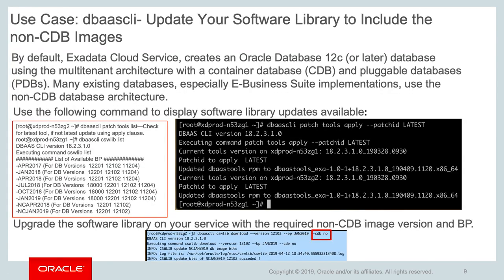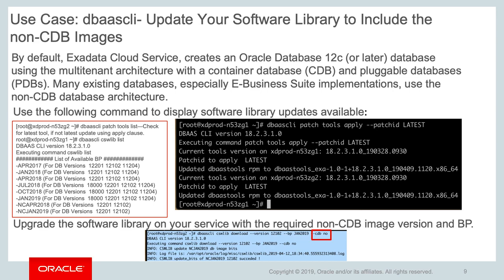Now we will take a use case of how to update the software library so that it is going to include a non-CDB image. Why I'm showing you this is that on Exadata Cloud Service, by default, when you create a database of 12c or later, it creates a multi-tenant architecture, meaning it creates a container database and pluggable databases.